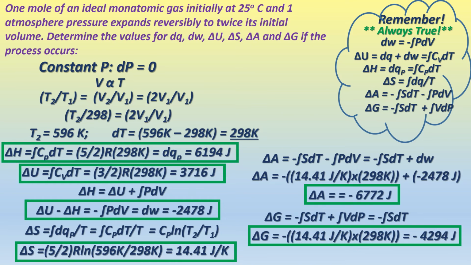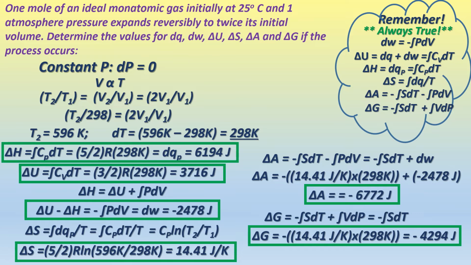Again, the point of these exercises is to simply show how all of the variables are related to each other through the thermodynamics equations. Okay. Questions that are actually more relevant to the real world are answered the exact same way.